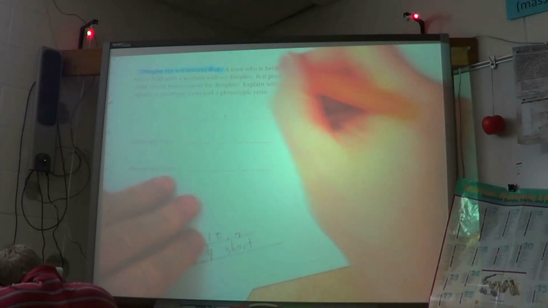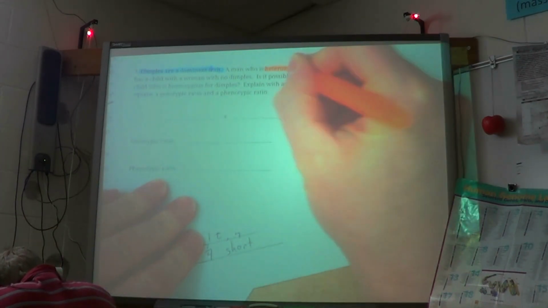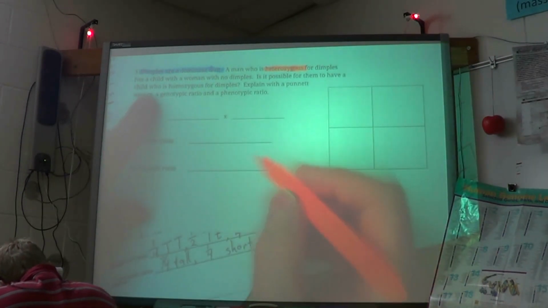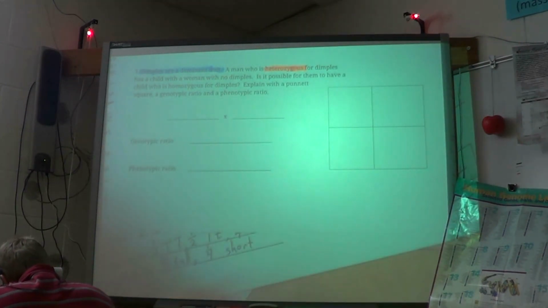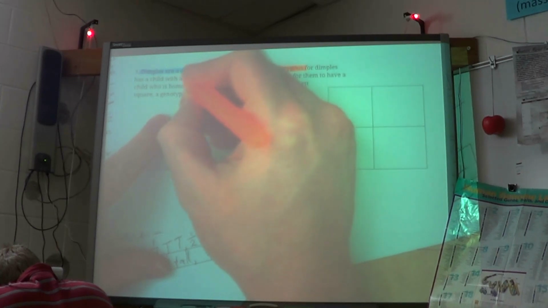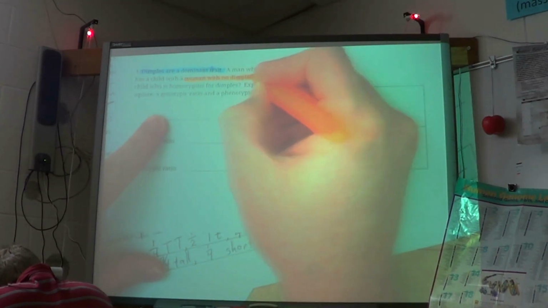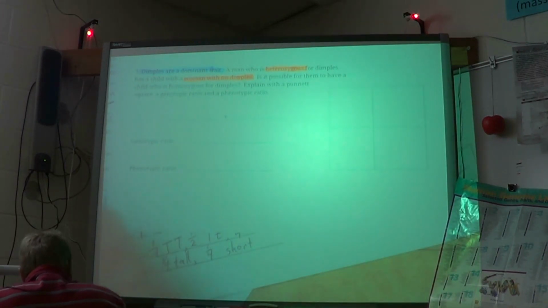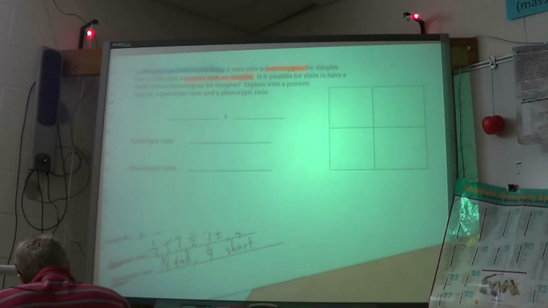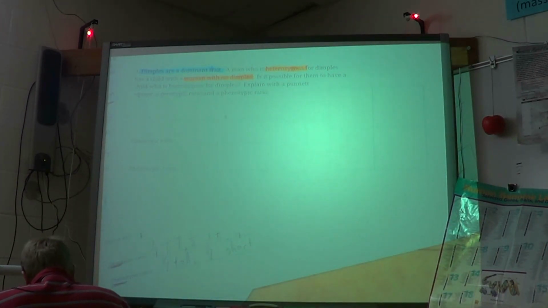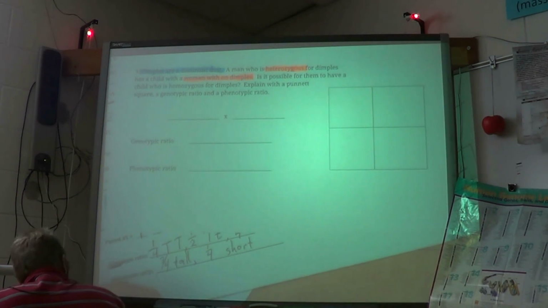A man who is heterozygous for dimples has a child with a woman who has no dimples. Is it possible for them to have a child who is homozygous for dimples? Explain with a Punnett square of genotype and phenotype.